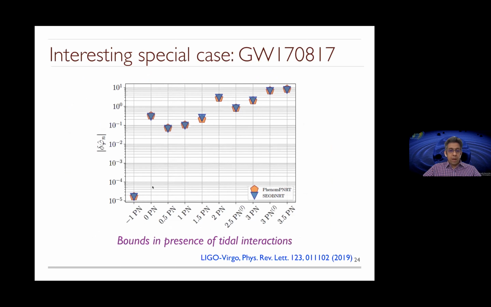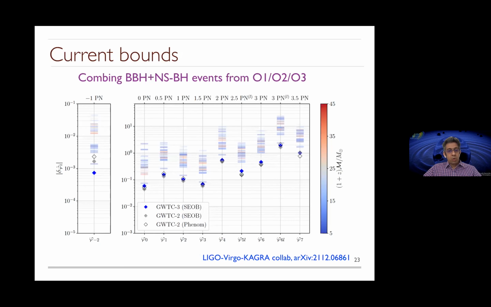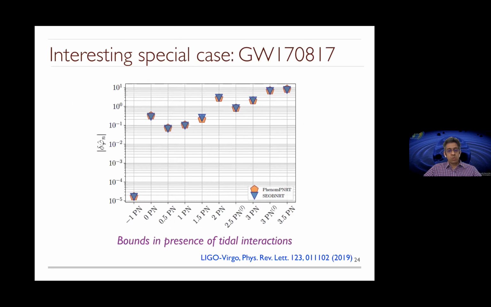But if you compare with 0 PN, you can see that the bound from the binary neutron star alone is comparable to what we have got by combining all the binary black holes and the neutron star black hole and so on. So mostly the low frequency evolution is what happens in the heart of the band. We are more sensitive to it.